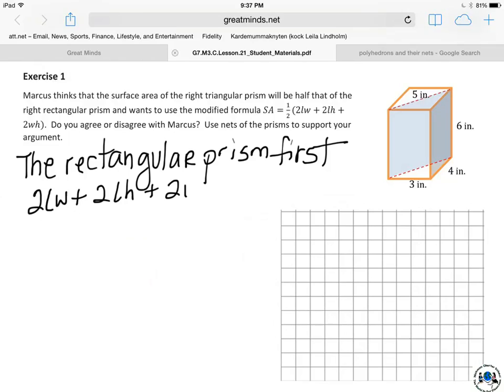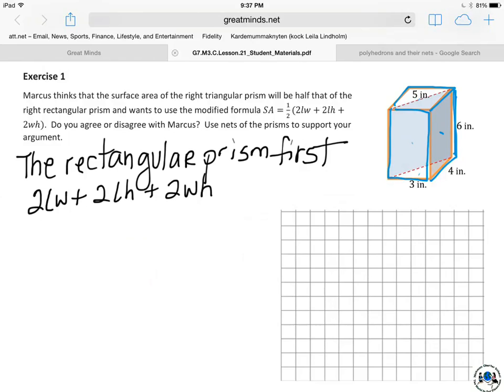We know our rectangular prism formula is going to be 2LW plus 2LH plus 2WH. I'm not sure if I've drawn this before, but let me do it again anyway. The rectangular prism we are solving for right now is all of this here, the whole entire shape. So we're trying to figure out the surface area of this entire larger shape.